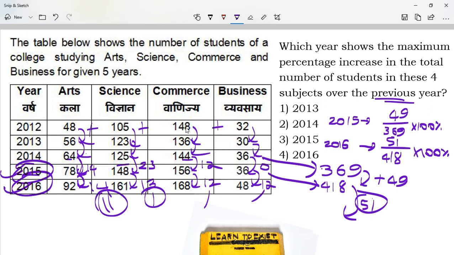So we can see the numerators are almost equal, right? 49 and 51 are almost equal, and there's a huge gap between the denominators. Okay, this denominator is slightly huge, so this value will be less and this will be greater. Okay, so the answer would be 2015. 2015 shows the maximum growth.